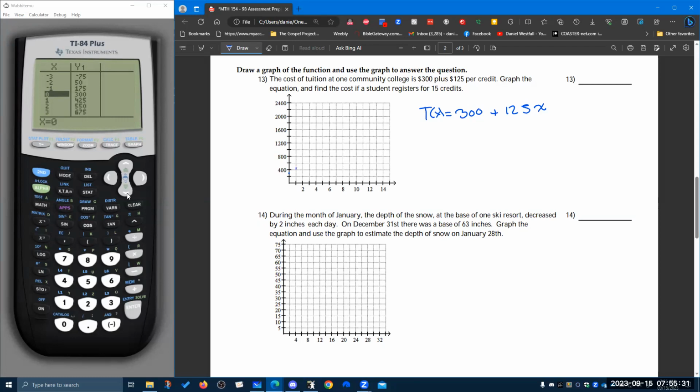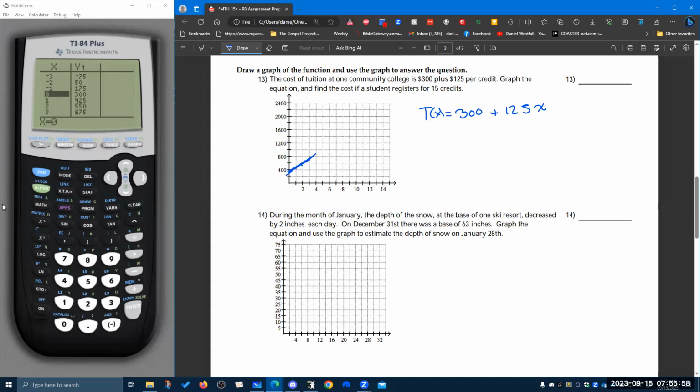And then we have 2, 550. And then we have 3, 675. You're starting to see this linear model grow here.